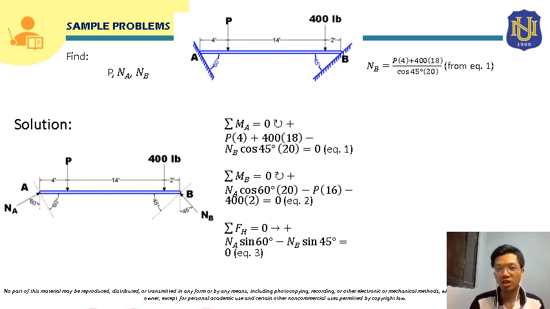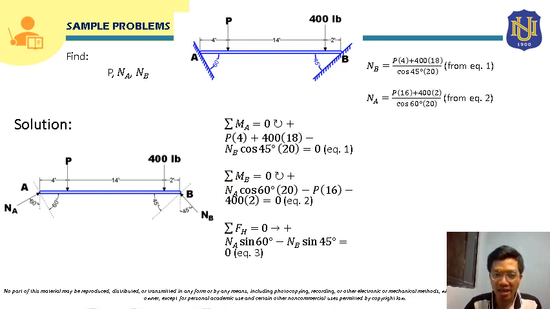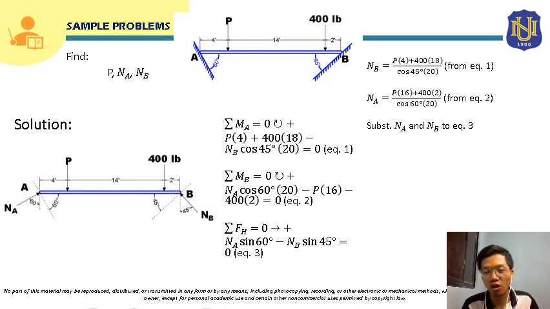We can solve for NB from equation 1, expressing NB in terms of P. Also from equation 2, we can solve for NA and express it in terms of P. Then we can substitute this NA and this NB into equation 3, so that the only unknown will be P. From that, we can solve for P. Again, we just substitute NA and NB from equations 1 and 2 into the third equation, which is this equation.